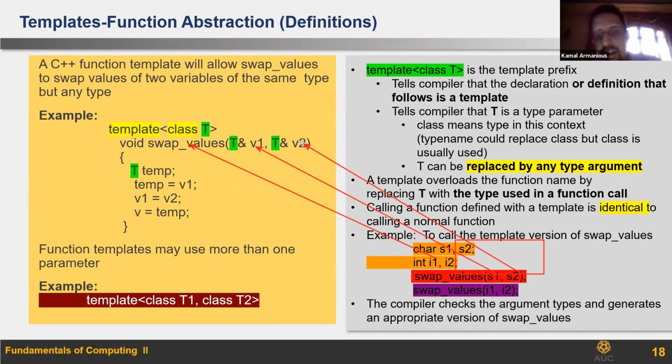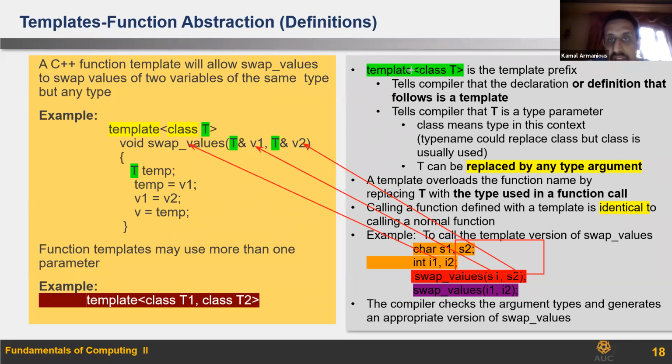So what do you expect the data type for T at this time? To be character. Yes. So in this calling of the function, T is a character. So whenever there is a T, replace it with a character. Why? Because S1 and S2, they are T, and this is a character.